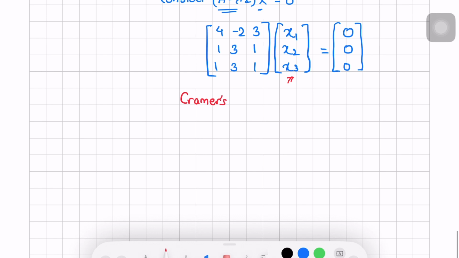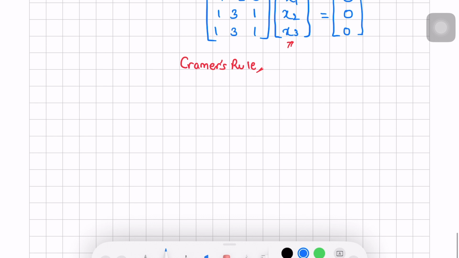You might have heard this rule, but you must have forgotten it. So I will just show you how to calculate x1, x2, x3 by Cramer's rule. So first you just need to write down x1 upon box is equal to minus x2 upon box is equal to x3 upon box.